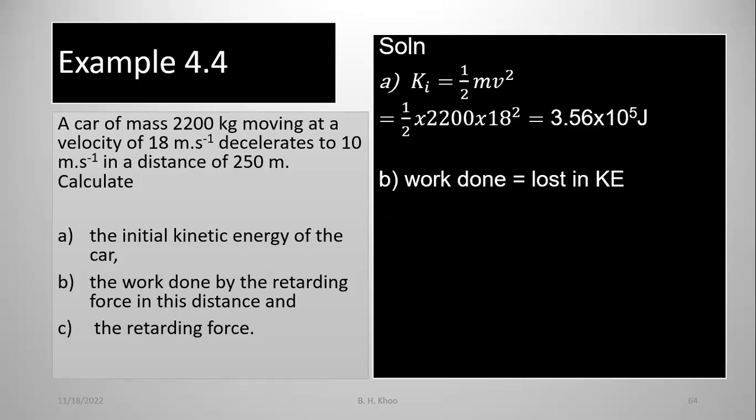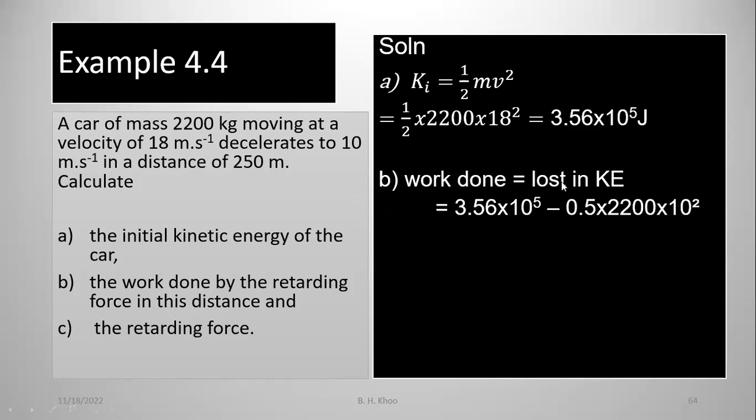Work done by the retarding force, where there's a decrease in kinetic energy, you should be able to write down the work energy theorem. Work done equals the loss in kinetic energy. So work done is just your force, the friction or retarding force, times distance.